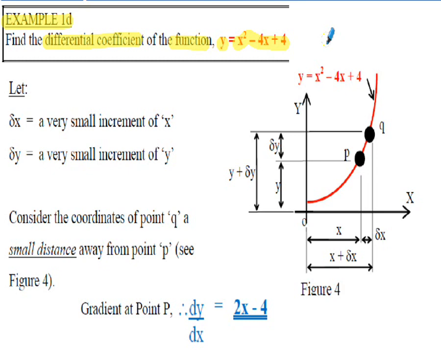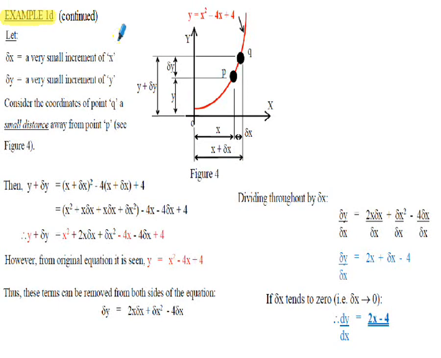What we're going to do here is use the classical calculus to end up with a dy by dx function, and we're going to use that to find the gradients on the curve of the 3 points a, b and c we've already worked out graphically. So all assumptions are the same again, just that the equation is different. The y is equal to x squared minus 4x plus 4. If I go through the classical differentiation, I end up with a differential coefficient of dy by dx is equal to 2x minus 4.